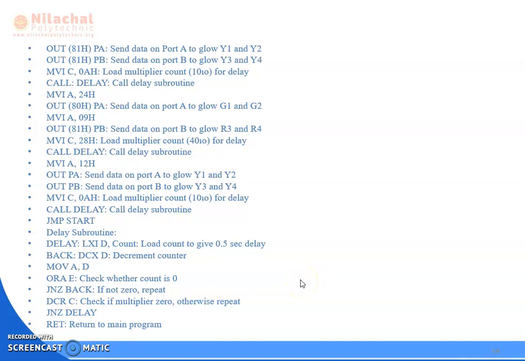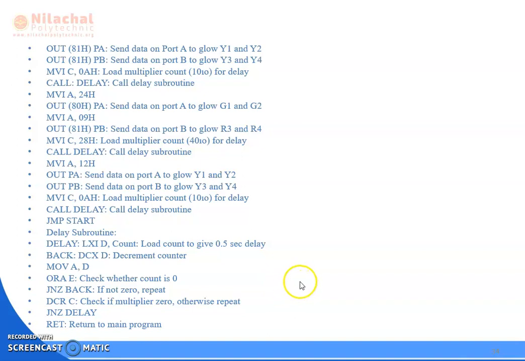Next MVI A, 09H, OUT 81H for port B, that is send the data on port B to glow R3 and R4. Next CALL DELAY. Next MVI A, 12H, OUT PA, that means send the data on port A to glow Y1 and Y2. Next OUT PB, send the data on port B to glow Y3 and Y4. Next MVI C, 0AH, load multiplier count 10 for delay. Next CALL DELAY, that is call the delay subroutine.